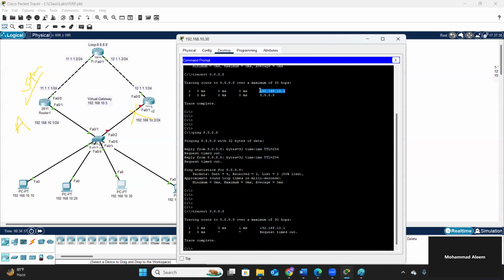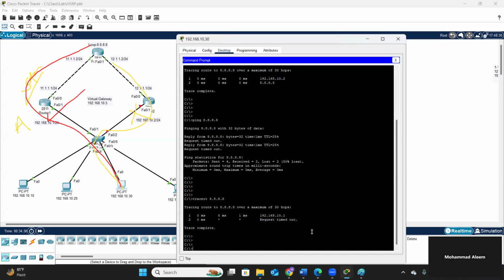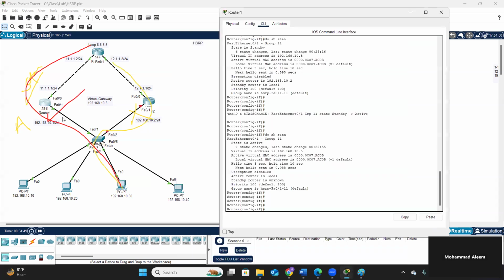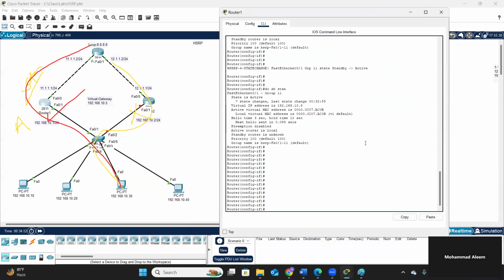The interface is down, so it is now using this path. If you want to try continuous ping, we'll do that now. I'll show you something: ping 8.8.8.8 with the continuous option. If I use the no shutdown command again, before that we'll check which one is the active router. Do show standby.